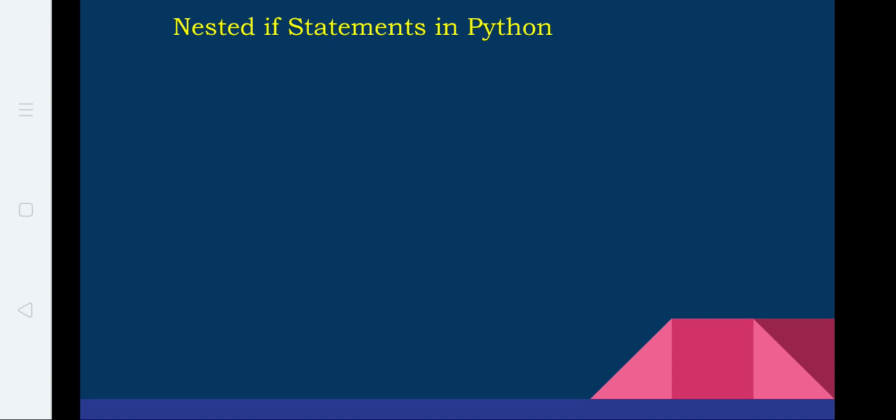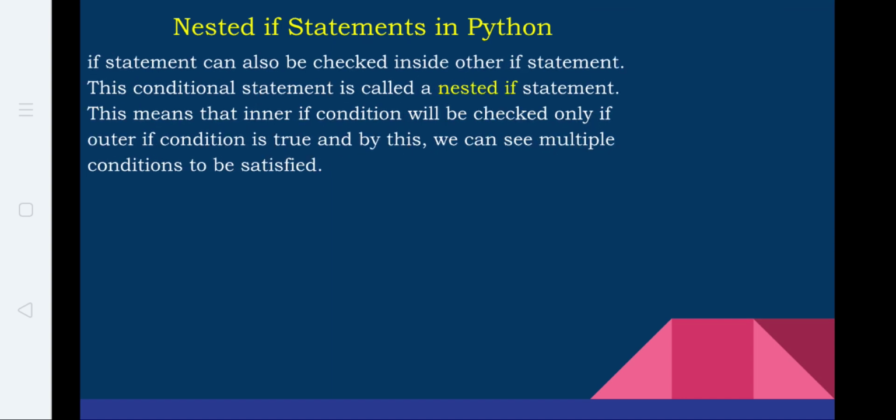Now the next case is the nested if statement. As the name implies, one if statement lies in the other if statement. So the first if statement is checked and it is followed by the next if statement. This is called a nested if statement. We can have multiple conditions based upon the necessity. Now the example given here is x is equal to 11.